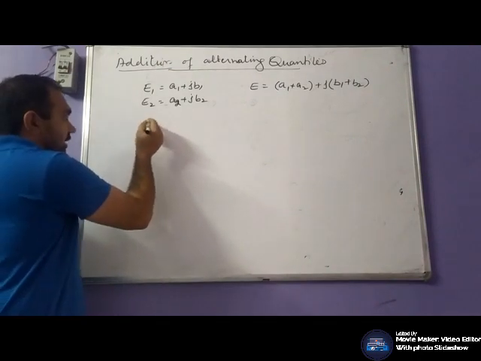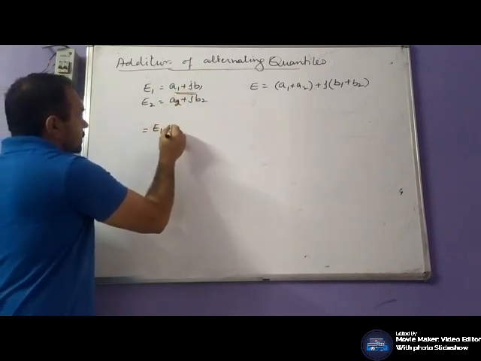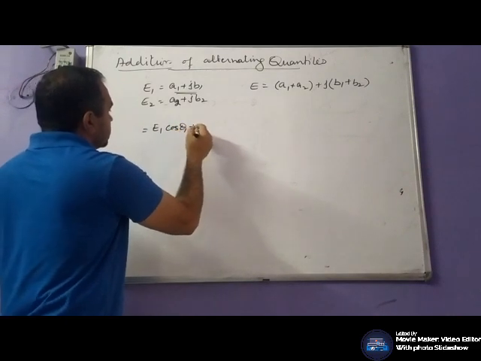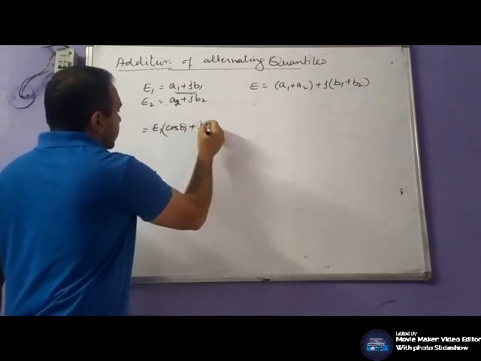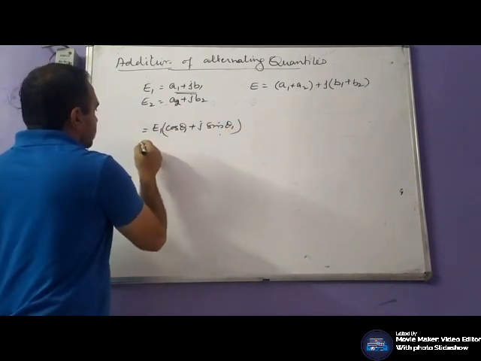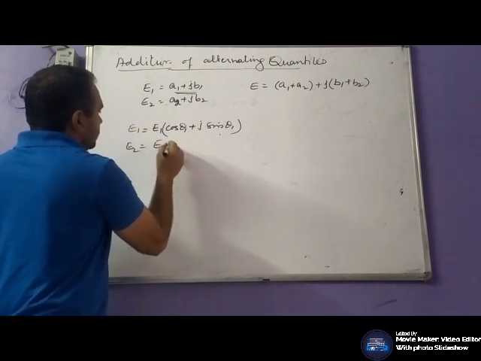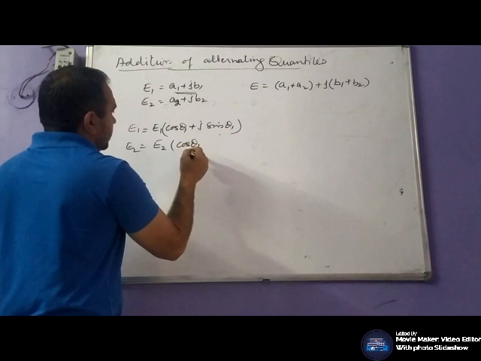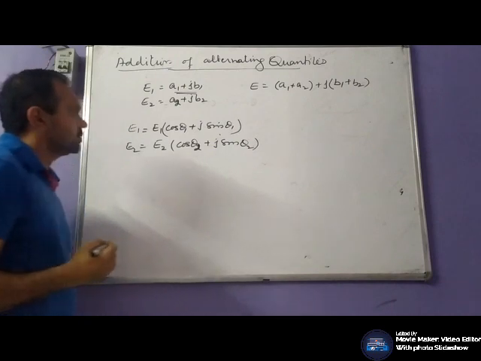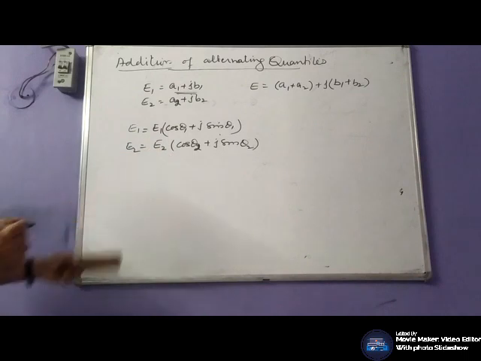If you have the trigonometrical form, it would be E1 cos of theta 1 plus j sin of theta 1, and E2 cos of theta 2 plus j sin of theta 2, where E1 and E2 here are the magnitudes.